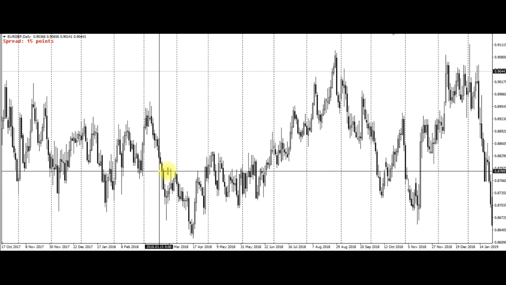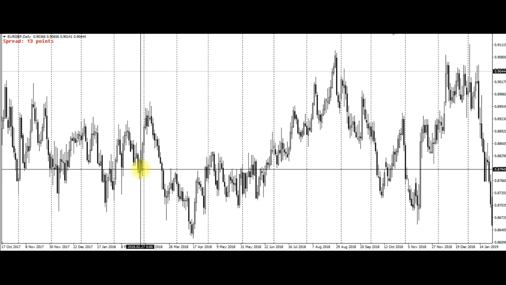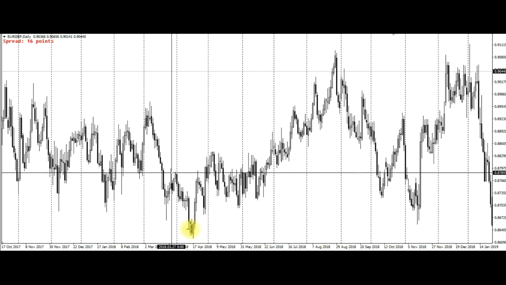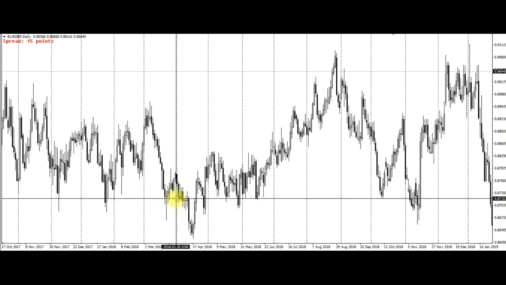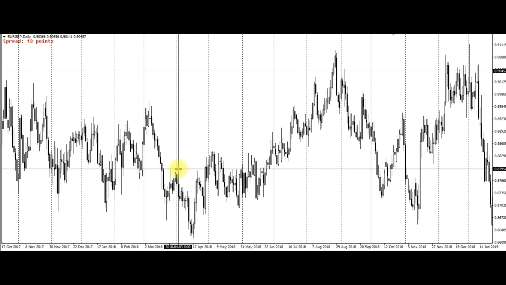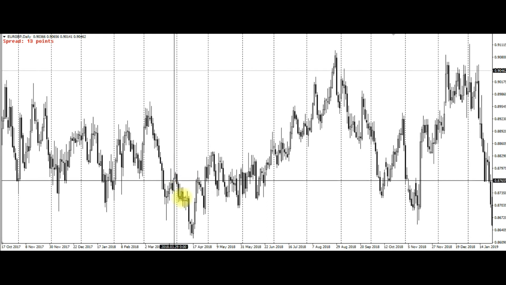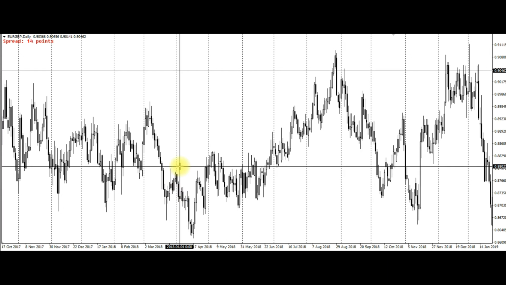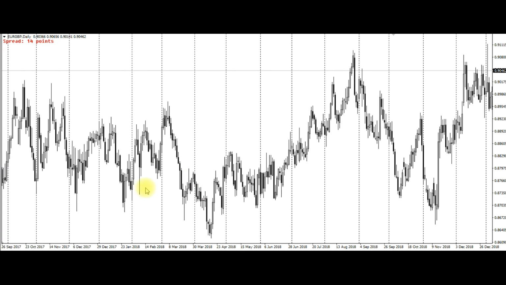Price traded into that bullish order block over here, and then there was a sell off around that area. So that's the bearish breaker.